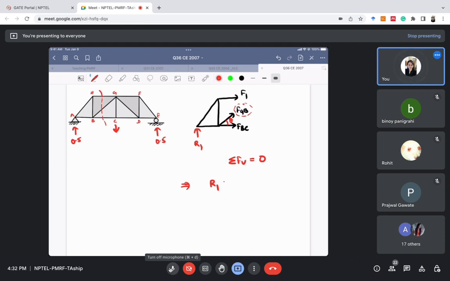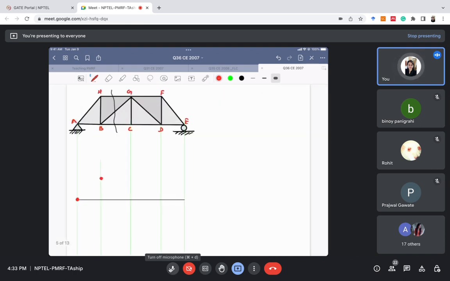So plus FGB sine theta, which is also in upward direction, so I'm taking it as positive. FGB sine theta plus R1 equal to 0. From that we get FGB equal to minus R1 divided by sine theta. So I'm getting this as negative. Okay, so when I've put the unit load at point C, I'm getting a negative value.